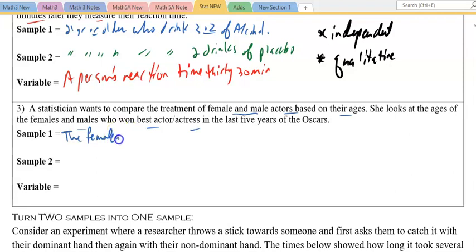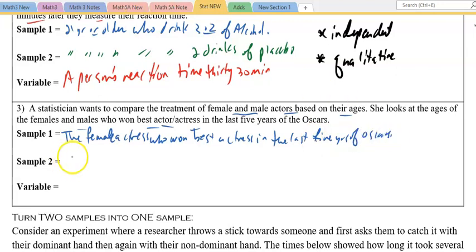The female actresses who won best actress in the last 5 years of the Oscars.